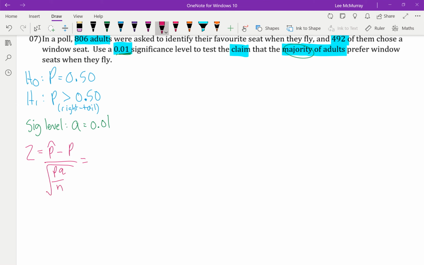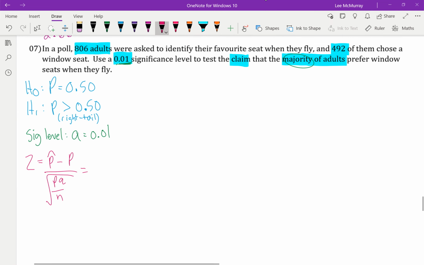Let's plug in our numbers. Our p hat, our sample proportion: out of the 806, 492 preferred a window seat, so our sample proportion is 492 out of the 806, and we subtract the proportion from our claim, which is 50%. Then we divide that by the square root of p times q over n.